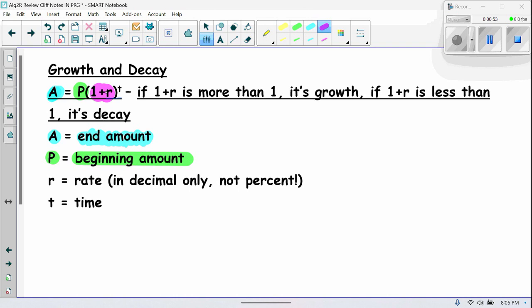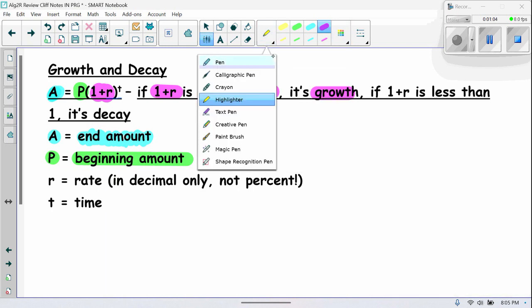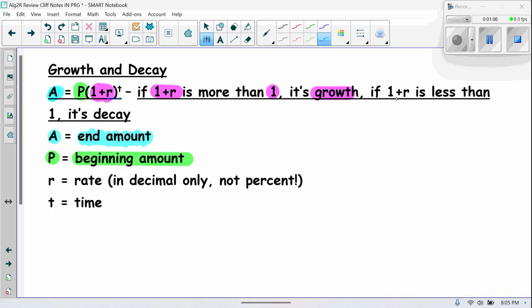Note that this is going to tell you whether it's growth or decay. If it is more than the number 1, so if you're adding something to 1, that's growth. If 1 plus r is less than 1, I always do plus, but if it's decay, if it's less than the number 1, it's technically 1 minus your rate.